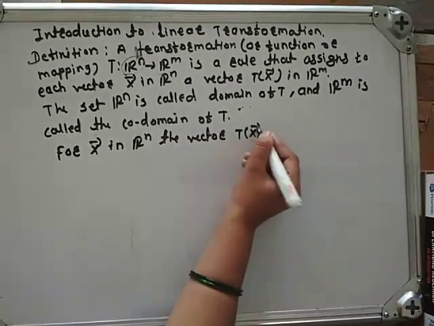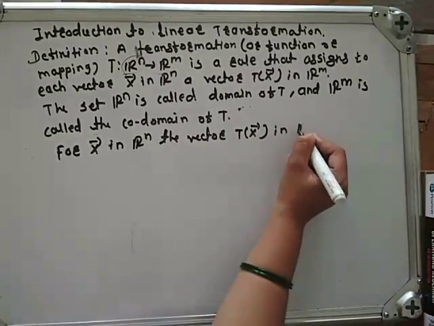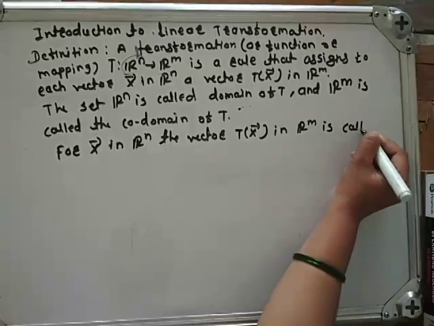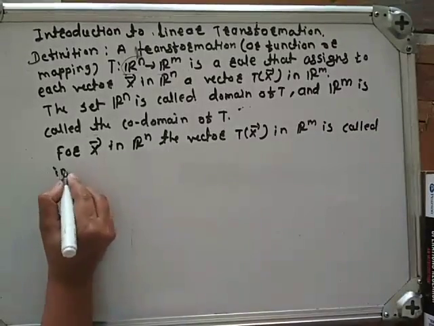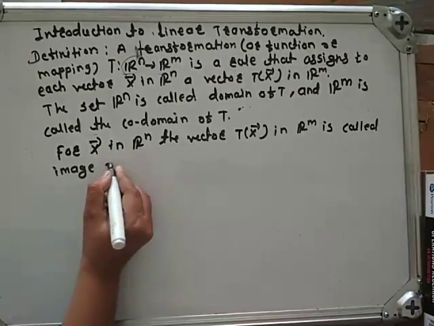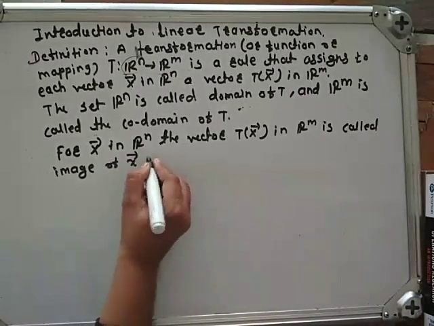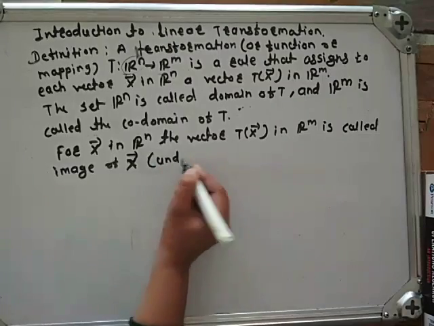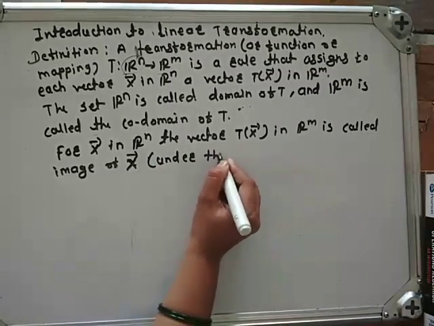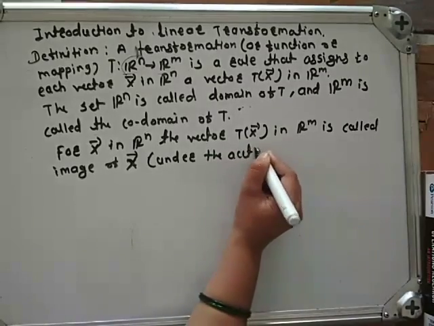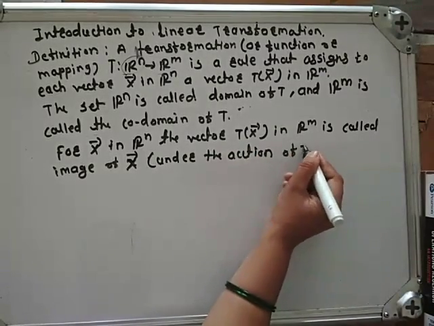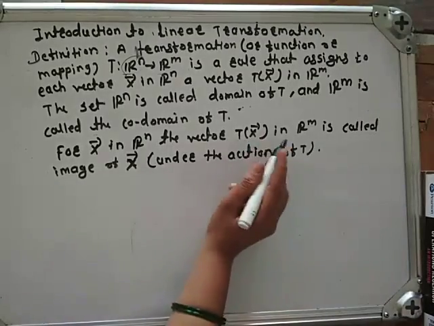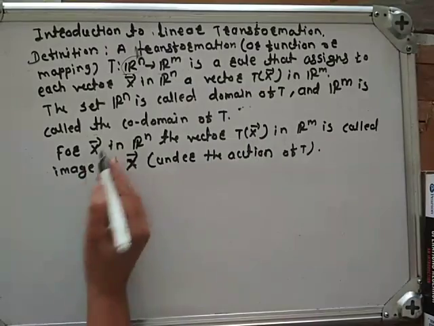For x bar in Rn, the vector T of x bar in Rm is called image of x bar under the action of T. T of x bar is image of x bar.